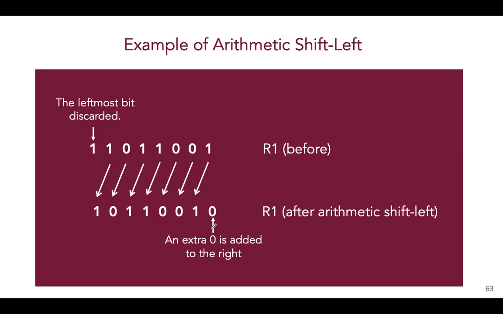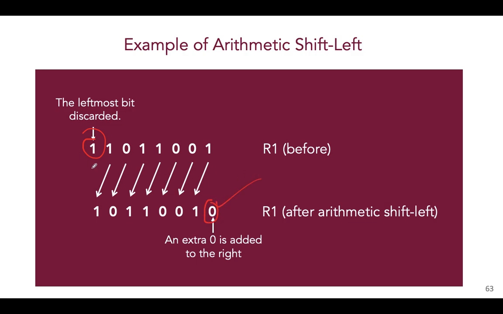Now this is arithmetic shift left. In this case, this one is exactly like logical shift left. There is no difference. You can compare this slide with the logical shift left slide and there will be no difference. Now what's happening in this case is we have been lucky because our sign isn't changing after shifting. We have dropped this, we have added an extra 0.